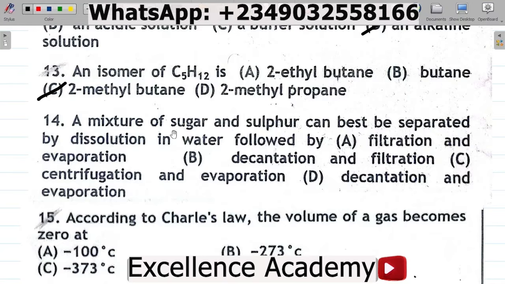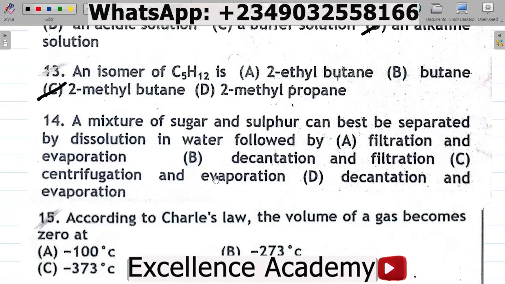Sulfur would still be left on the filter paper. Meanwhile, the sugar and water forming your sugar solution will pass through the filter paper. So you'll have sulfur on the filter paper, and you'll have sugar solution after the filtration process.